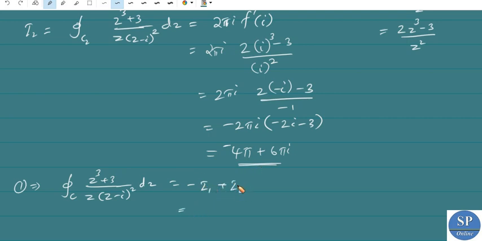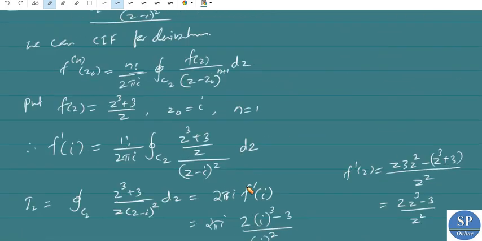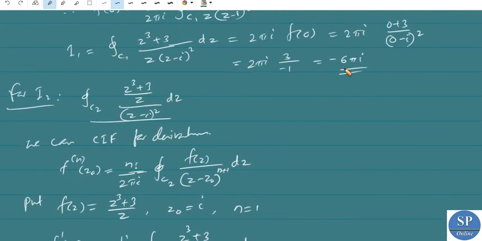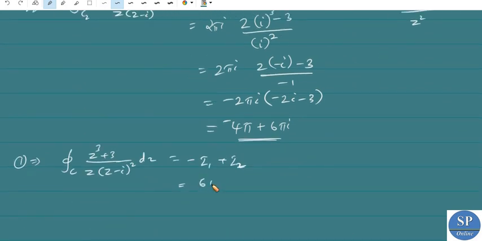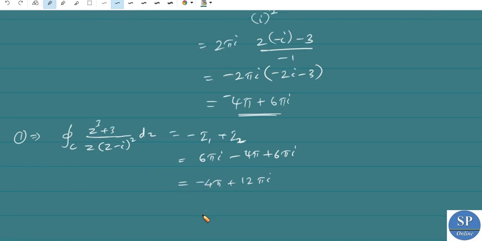I1 was minus 6 pi i, so minus I1 is 6 pi i, plus I2, which is minus 4 pi plus 6 pi i, which is equal to minus 4 pi plus 12 pi i. We can take 4 pi outside, so this is equal to 4 pi into minus 1 plus 3i. This will be the required integral.